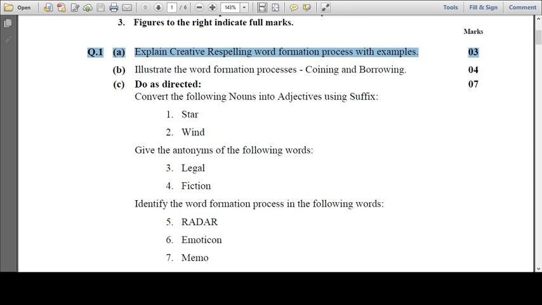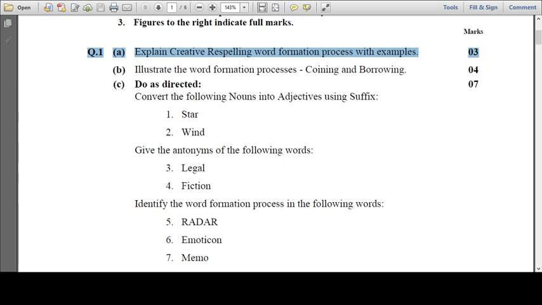So the answer can be: in creative respelling, words are formed by simply changing the spelling of a word that the speaker wants to relate to the new word. This involves spelling a word differently in order to make it more practical, attractive, or to fulfill some particular aim.